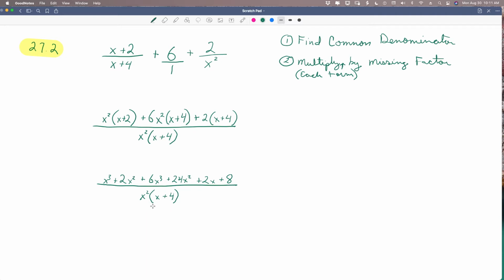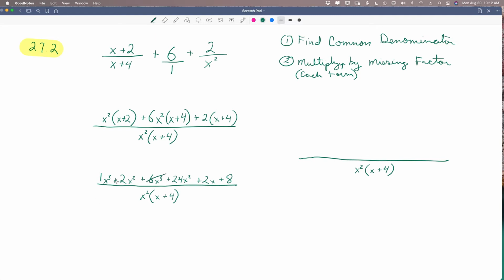All right, now we can add our like terms together. So I'm going to move over here so we have plenty of room. I'm going to draw my line. I'm putting my common denominator at the bottom. And now let's see what we can combine. The first thing you want to look for is the highest exponent of your variable. In this case, that's x cubed. So we have a 1x cubed here and a 6x cubed.